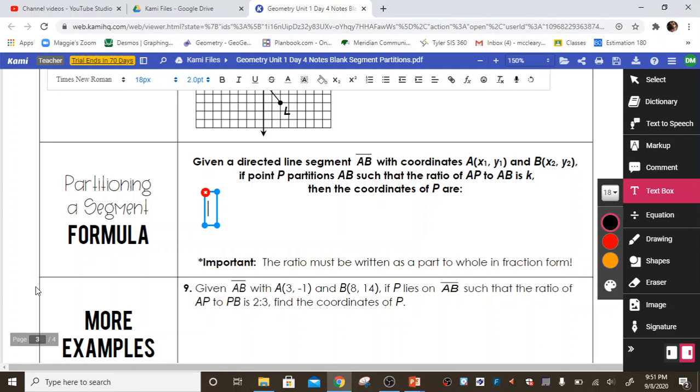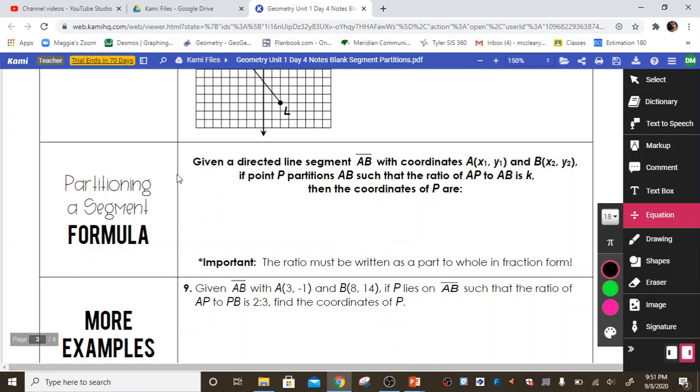x sub 2, whoops, I should be doing this in an equation box instead of a text box. Okay, so we've got k times x sub 2 minus x sub 1 plus x sub 1. So that's our x coordinate, so we can put a comma there now.